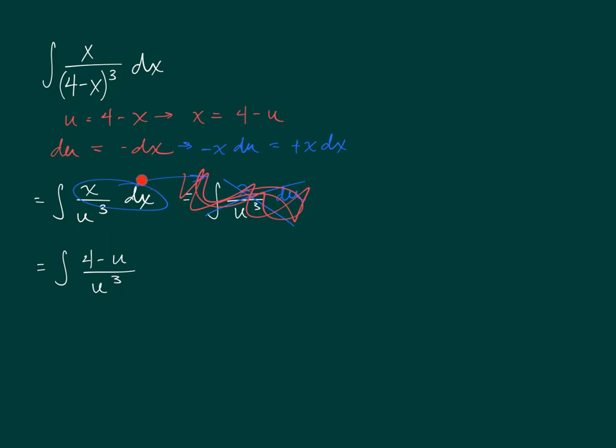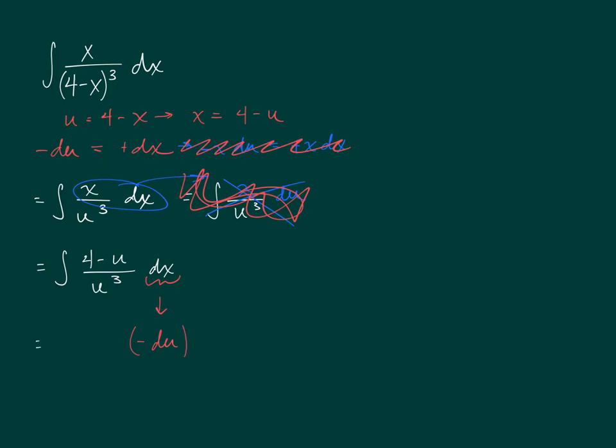Now for the dx, right, I have not done anything with that yet. We can change it to du by using this equation here, and just multiplying by -1 to get a negative du. So we're not using any of this here either. So this turns into negative du.